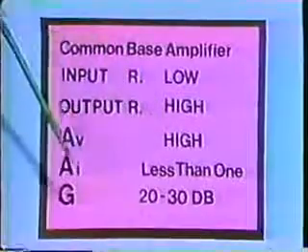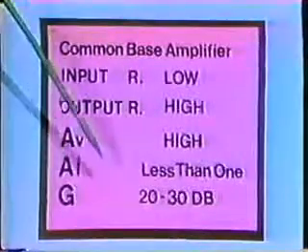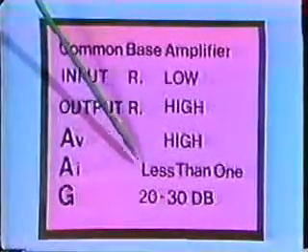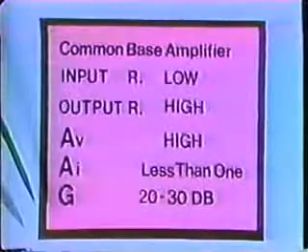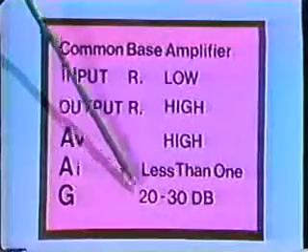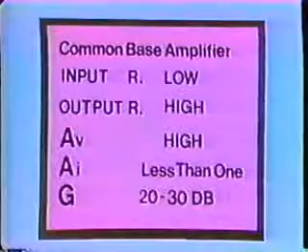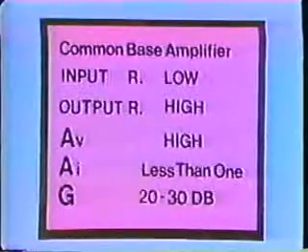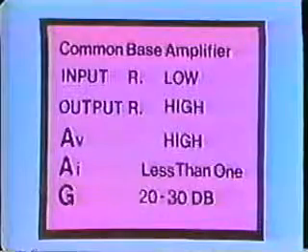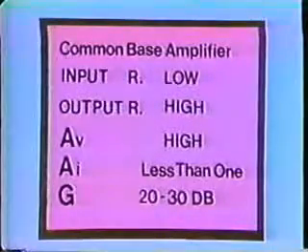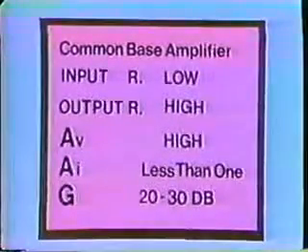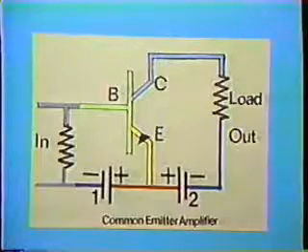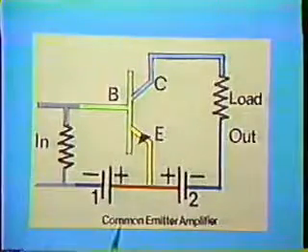The voltage gain will typically be 500 to 1500, but the current gain will always be less than 1. The power gain will be 20 to 30 dB. The common base amplifier is limited to voltage amplification applications where the low input resistance and high output resistance can be tolerated.